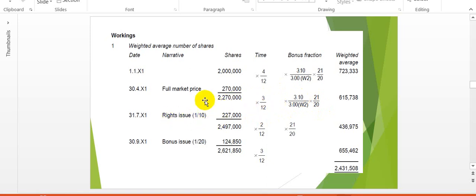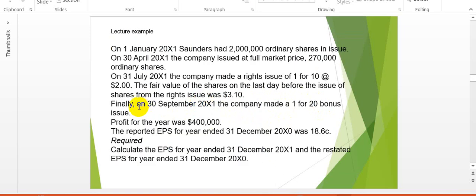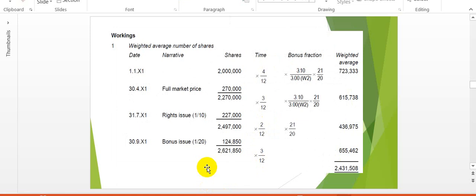Then we move to the rights issue. The rights issue was 1/10. And the rights issue was at $2. 1/10 means how many shares? We've got 2,270,000 shares. So you simply divide this by 10. So the rights issue resulted in 227,000 shares.